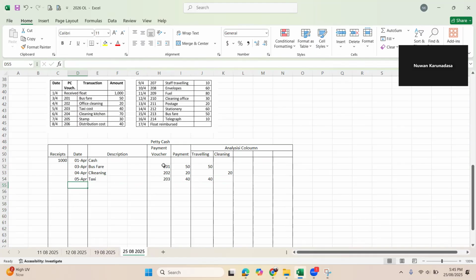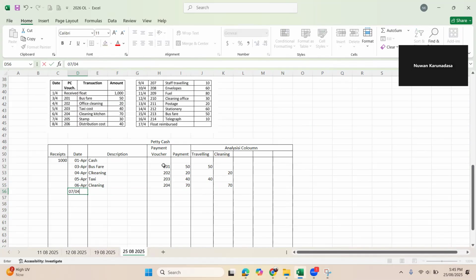Then 6th of April, cleaning, voucher number 204. Here, the cleaning value is 70. Again, we'll classify under the cleaning column. So all the payments you must classify.